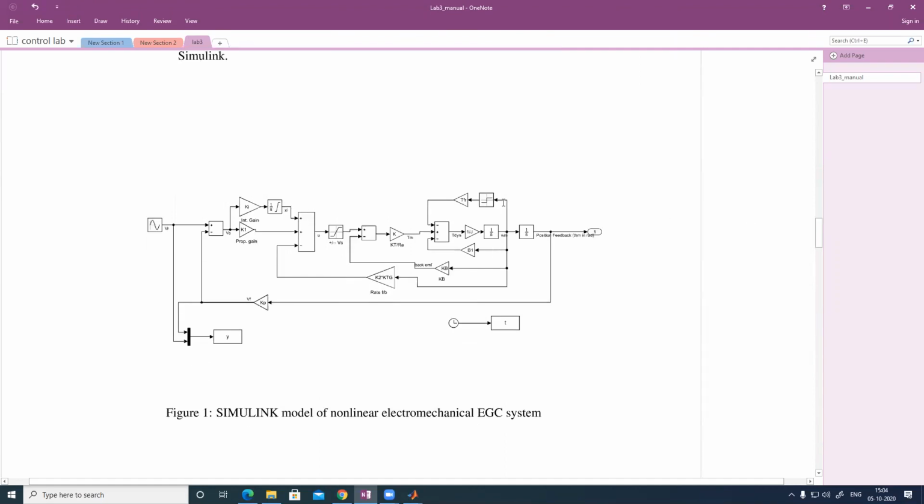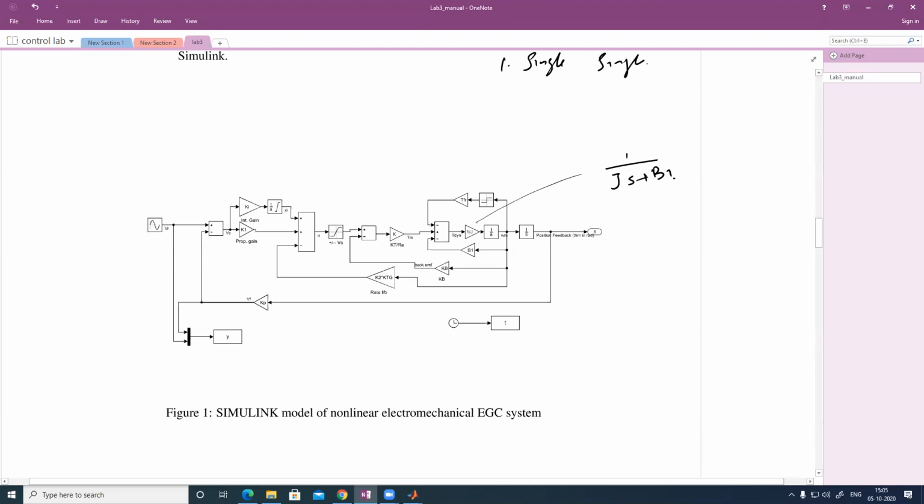And this is your Simulink model. We are going to convert this Simulink model to a MATLAB file. Earlier you were using the function 1 by Js plus B1. Now we have to change everything into a single integrator.